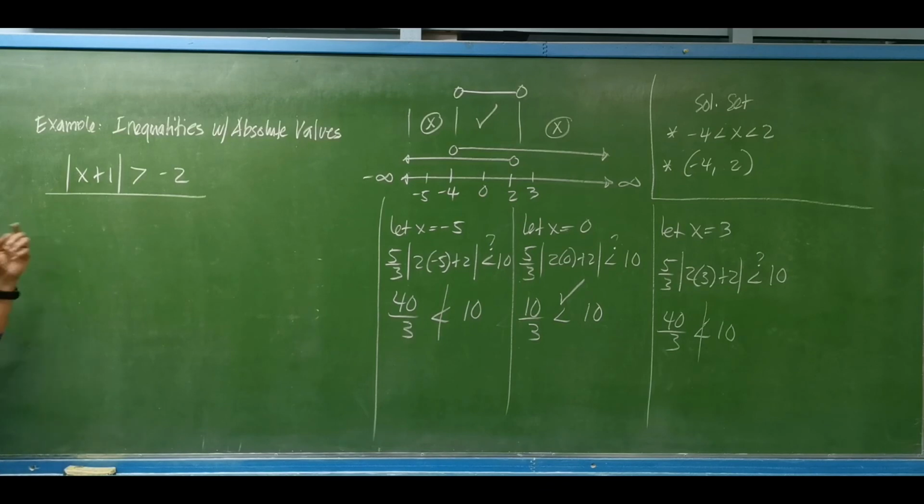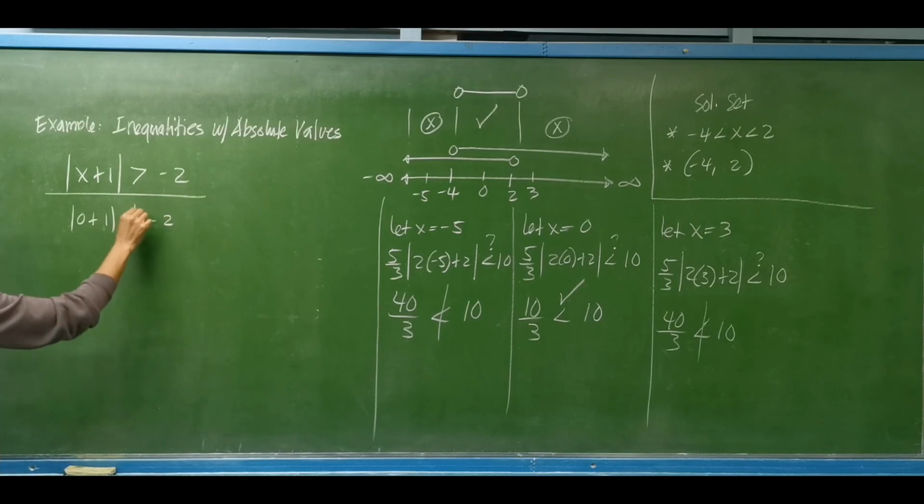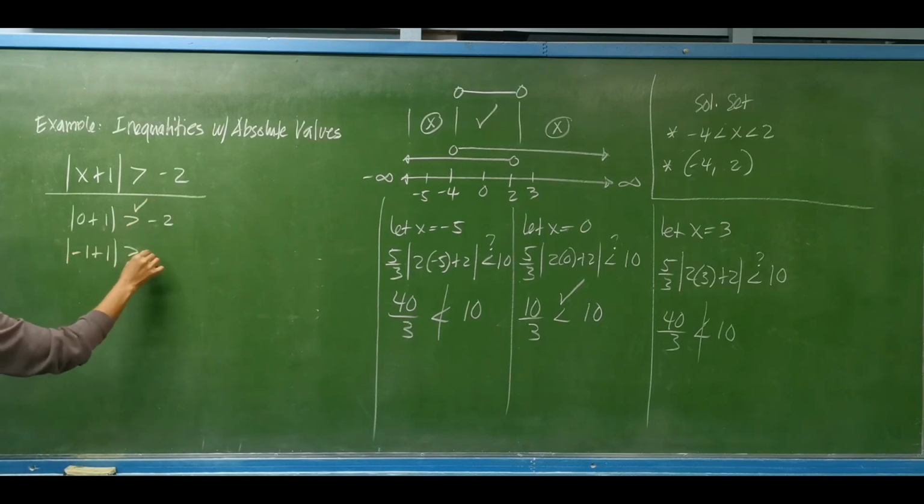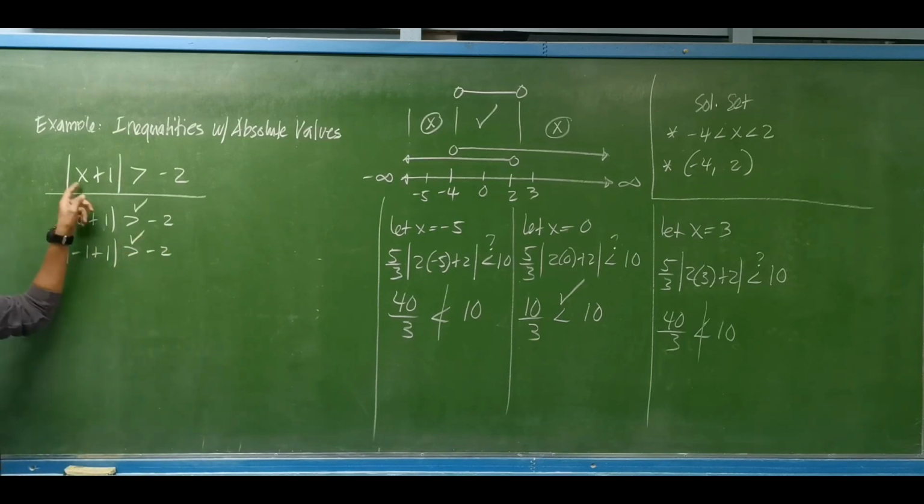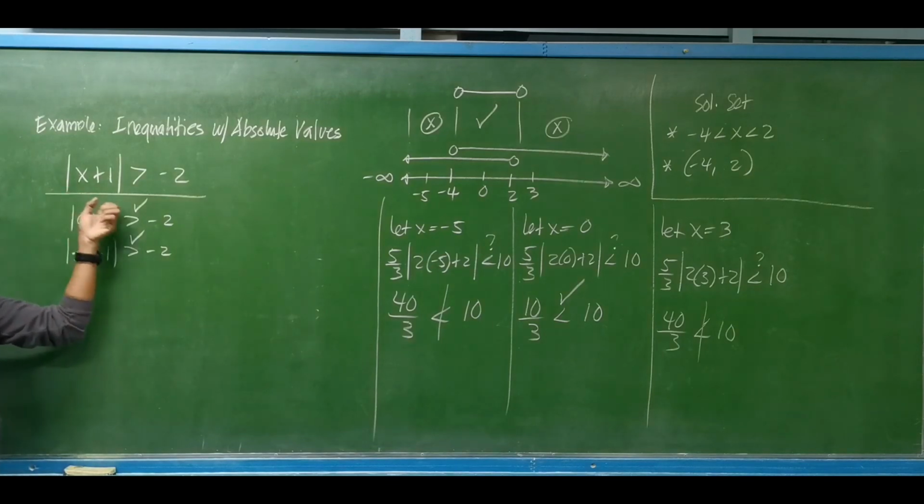Why? For example, 0 plus 1 is greater than negative 2. That is correct. Negative 1 plus 1 is greater than negative 2. That is also correct. So any value of x will satisfy this inequality.